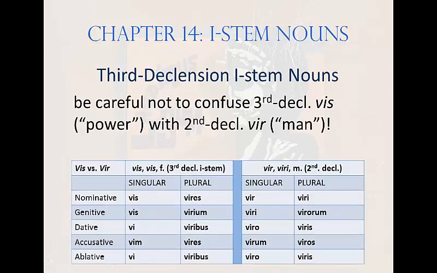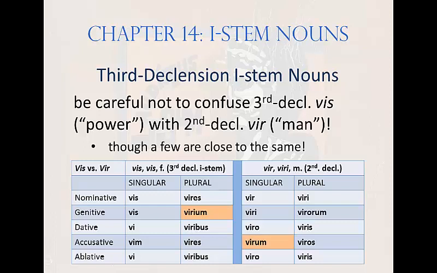Be careful not to confuse this third declension I stem noun vis, and especially its plural vires, with the second declension masculine noun vir, meaning man. Please note, there are no overlapping forms, but a few of them are close to the same.